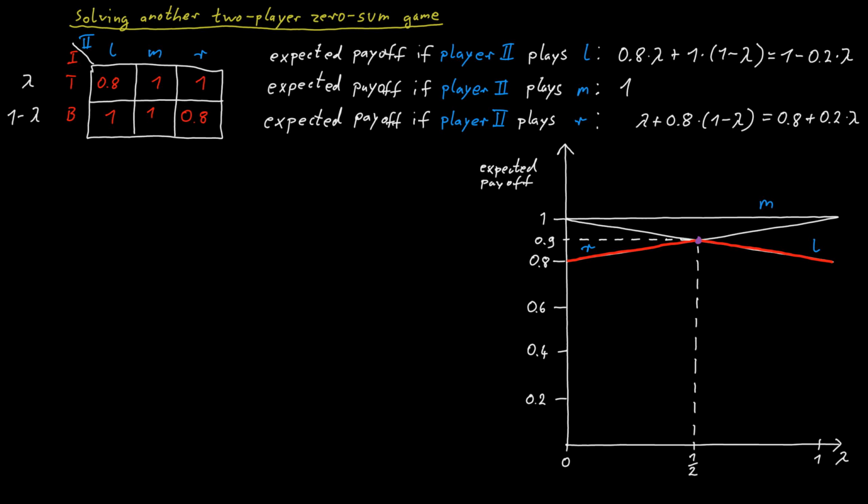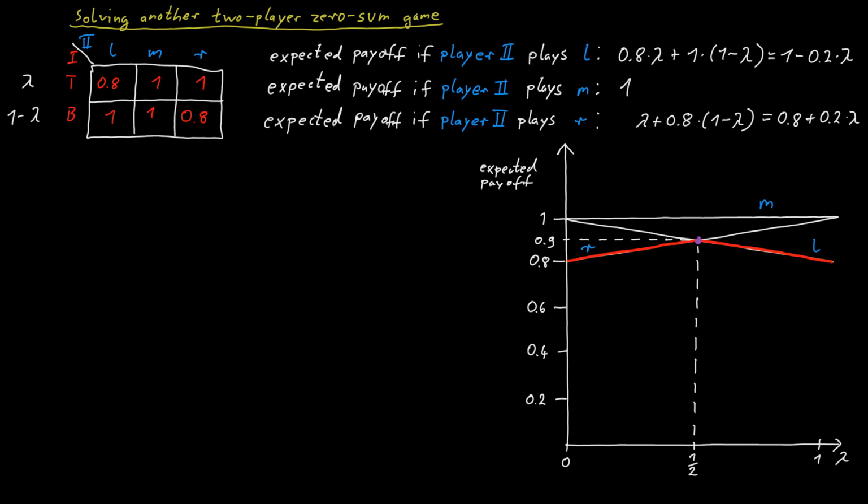Player 2 will instead mix between strategy L and strategy R. And it turns out that choosing strategy L and strategy R with probability 1/2 each turns out to be the right approach. And maybe think for yourself of why this is the case, and particularly how you can derive this systematically.